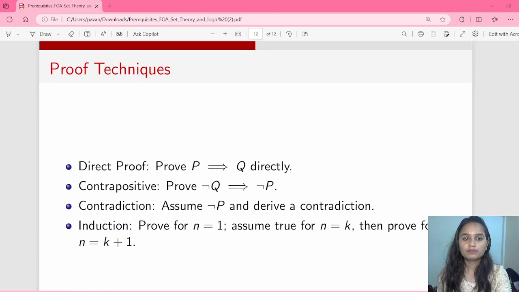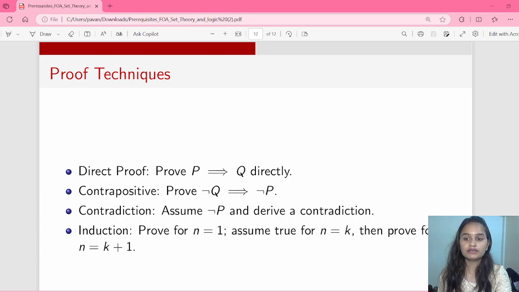Now we have some proof techniques that we will use in this course on real analysis, or you can say mathematical analysis. First of all, we have the direct proof technique. Whatever we want to prove, we prove it directly. If you want to prove P implies Q, then we assume P and then we derive Q somehow.